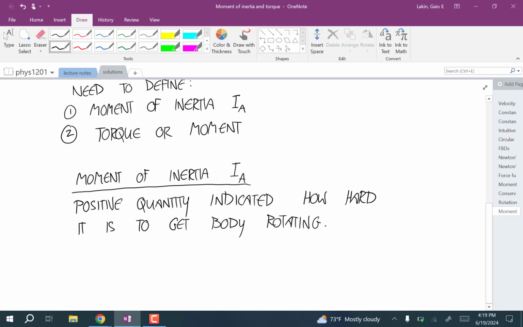And it has to do with how much mass the body has and how that mass is distributed compared to the axis of rotation. So if you have a lot of mass that's distributed really far from the axis of rotation, you have a big moment of inertia, and it's hard to get the body started rotating. If you have not much mass and or that mass is pulled in really tight to the axis of rotation, that's easy to get that body rotating.